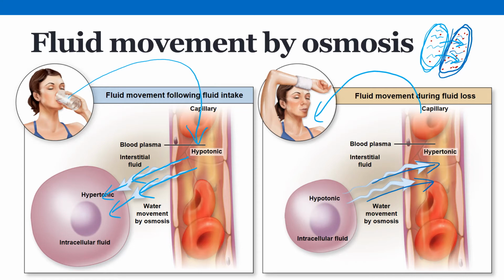Pulling water out of your tissues means those tissues also become slightly dehydrated, and they're going to pull water out of your cells. And so the cells, instead of swelling up, they shrink down a little bit. And that's the process by which your body becomes dehydrated.